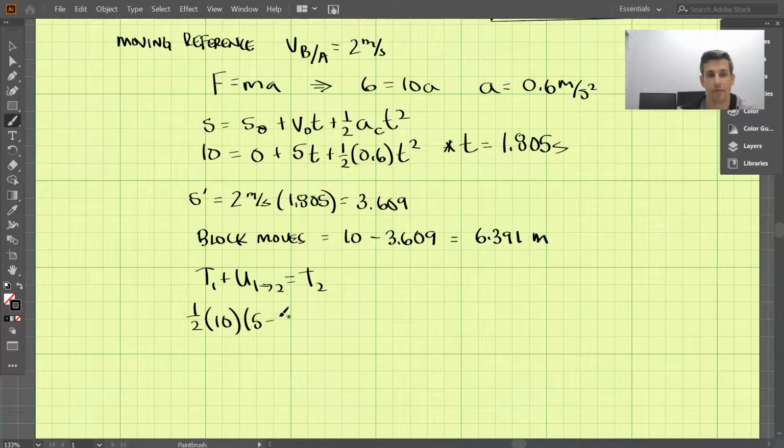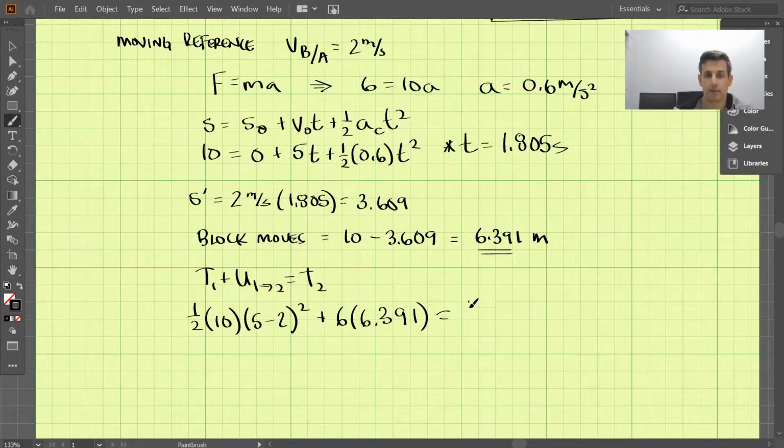So we have 5 minus 2, and don't forget to square that. Plus the work being done, which is 6 newtons, but the distance here is 6.391 meters, not the full 10 meters.